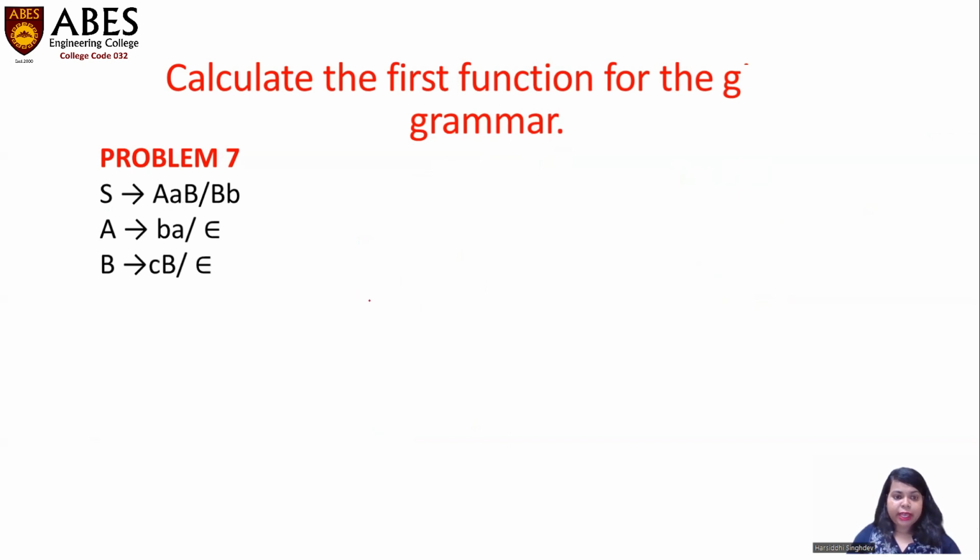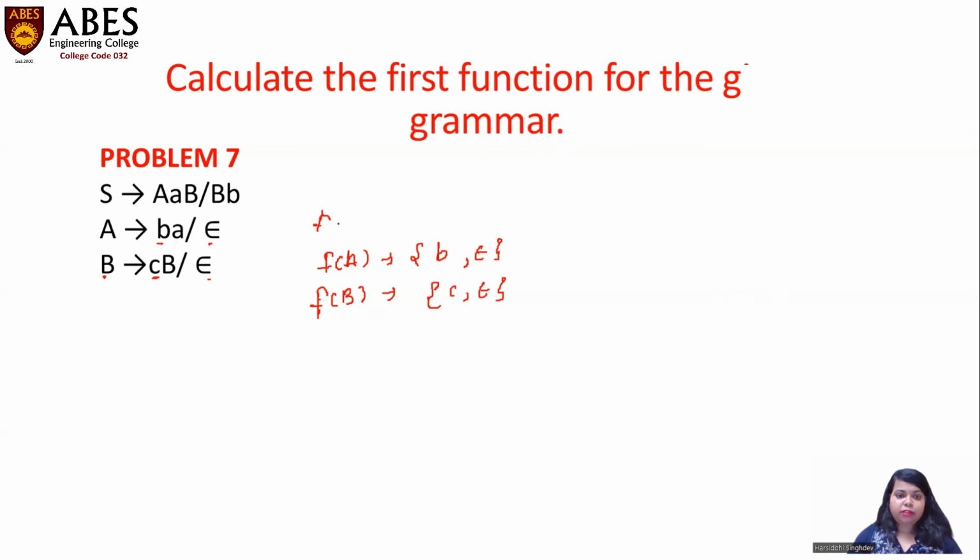Here, we calculate first of B. When we calculate first of B, what do we get? We get c and epsilon. When we calculate first of A, what will we get? Either b or epsilon. When we calculate for B, the first symbol and epsilon, b and epsilon.